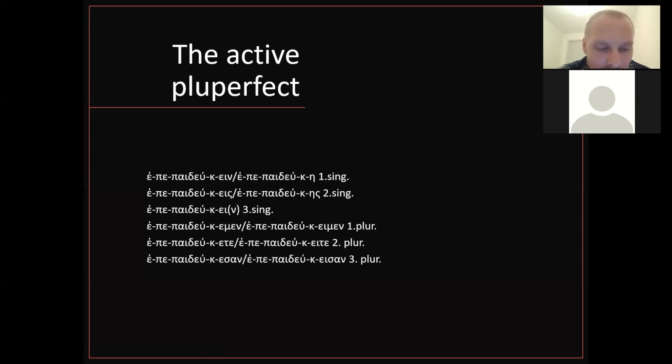So here we have epepaideuke or epepaideuke in the first person singular, and epepaideukes or epepaideukes in the second person singular. Then epepaideukein in the third person singular, epepaideukemen or epepaideukemen in the first person plural, epepaideukete or epepaideukeite in the second person plural, and epepaideukesan or epepaideukesan in the third person plural.